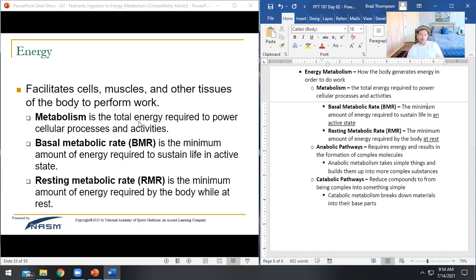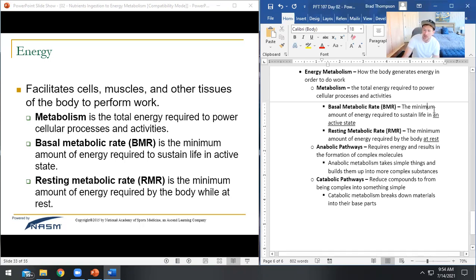and that is what we refer to as our metabolism, right? Your metabolism is the total energy required to power everything that your body does, every chemical reaction you've got. Now there are two terms that describe how fast your metabolism is running, and that is your basal metabolic rate and your resting metabolic rate. These are essentially the same thing, but they are slightly different.